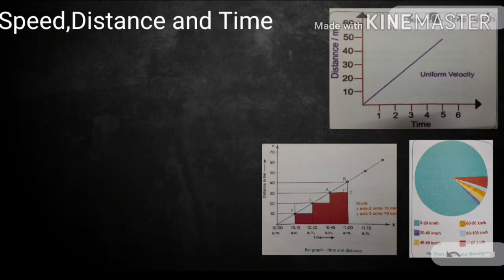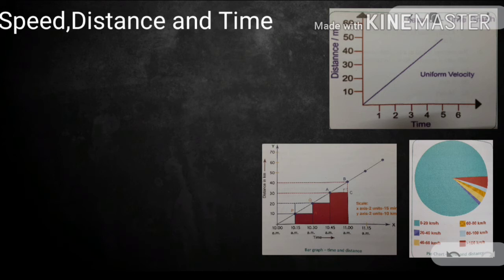Now what do we mean by speed, distance and time, and what is the connection between speed, distance and time? So now we will learn how they are all connected with each other. Let's start with the first picture.